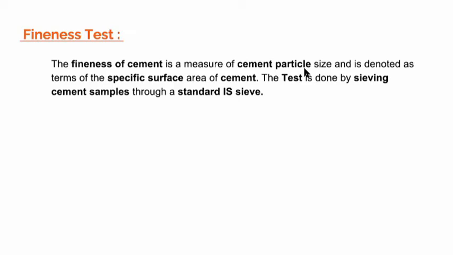This test is done by sieving the cement sample through a standard IS sieve. The fineness of cement is very important since it influences the rate of hydration of cement and the rate of evolution of heat.